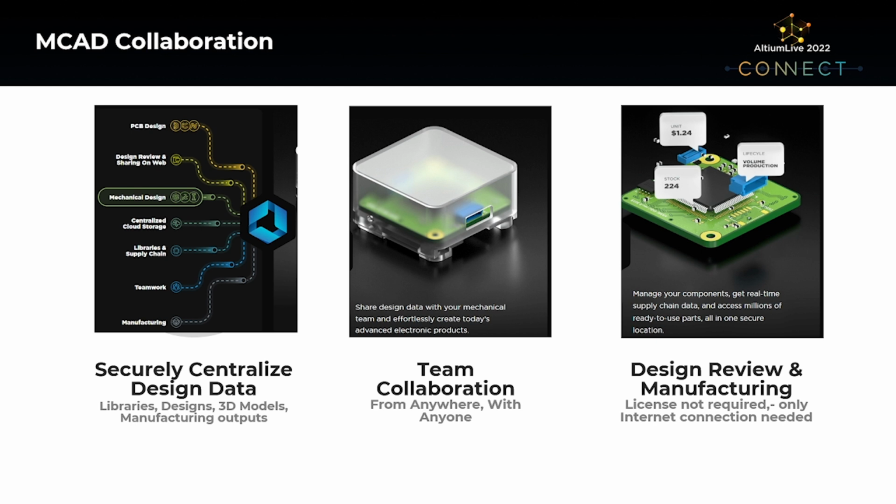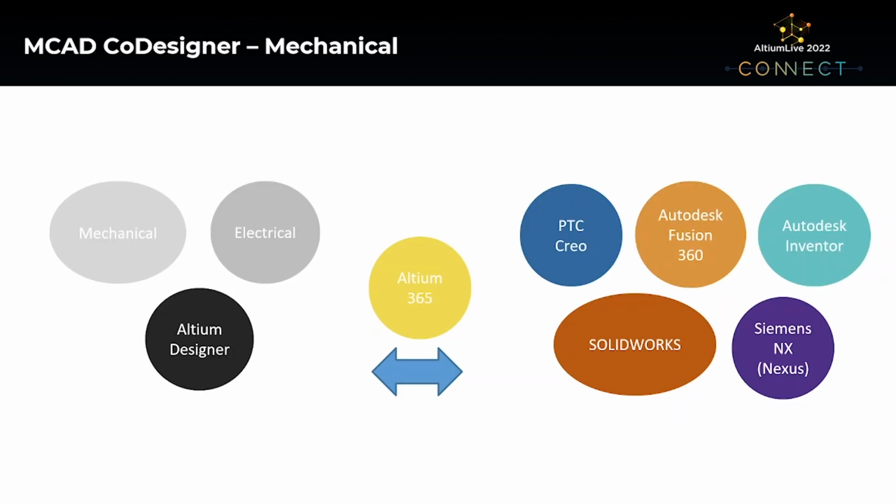So it really is one centralized location that allows you to store the data and then use the MCAD collaboration to go ahead and bring that into your mechanical tools. The tools that we support are PTC Creo, Autodesk Fusion 360, Autodesk Inventor, SolidWorks, Siemens NX, and just to make you aware, for the Siemens NX tools, you would need our Nexus product.